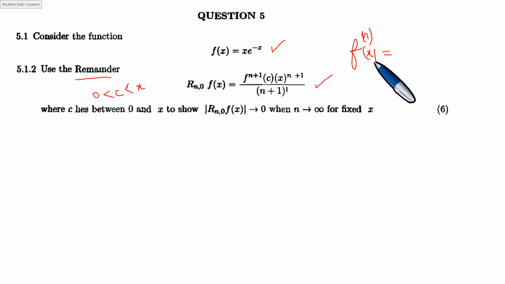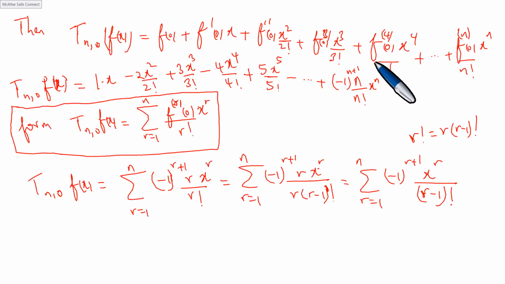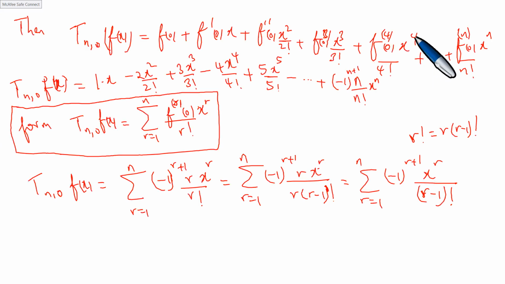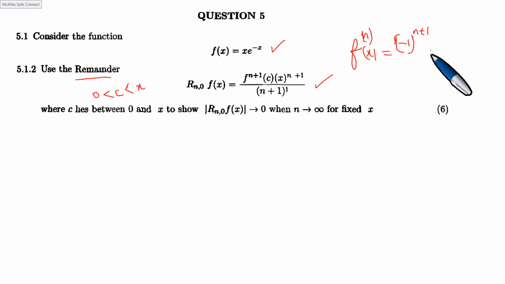I need to just copy that one down. It is minus 1 to the power n plus 1, then n x to the power n over n factorial.